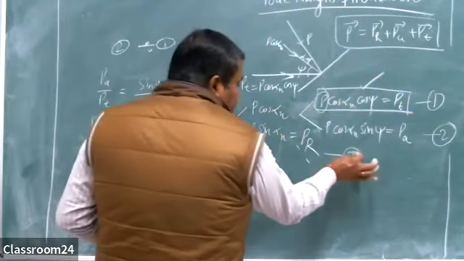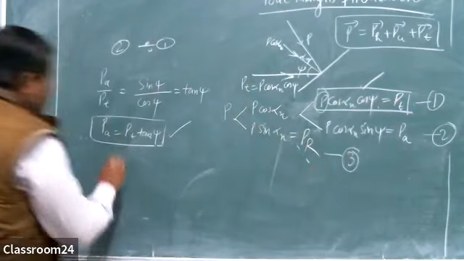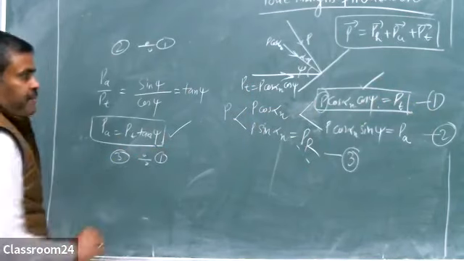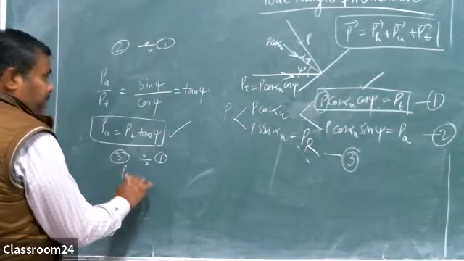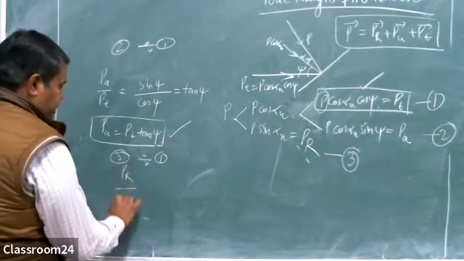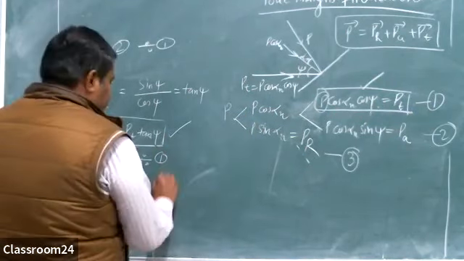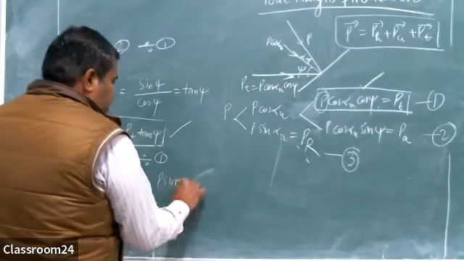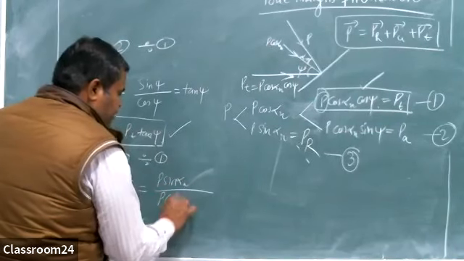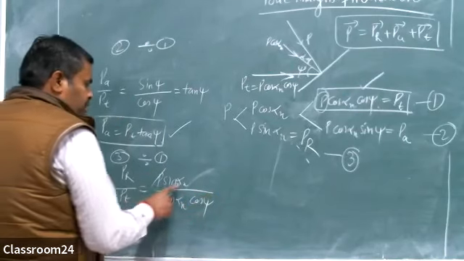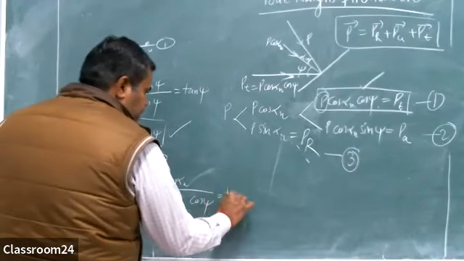Now, if I divide equation 3 by equation 1, I have PR divided by PT equal to P sin alpha n divided by P cos alpha n cos psi. The P cancels out, and sin upon cos is tan alpha n.